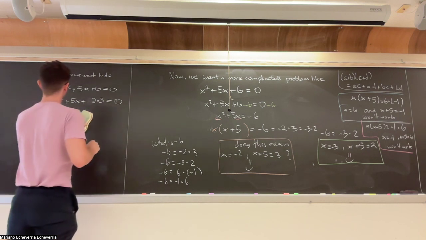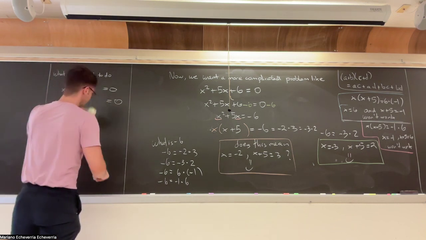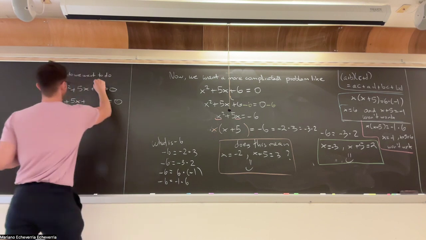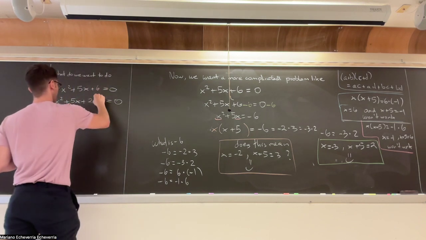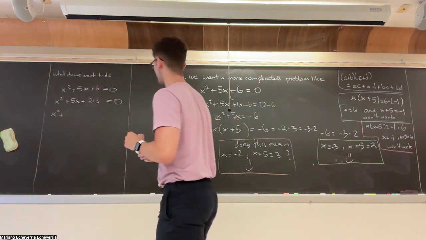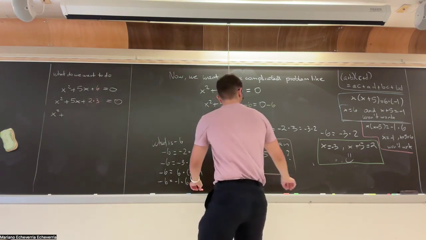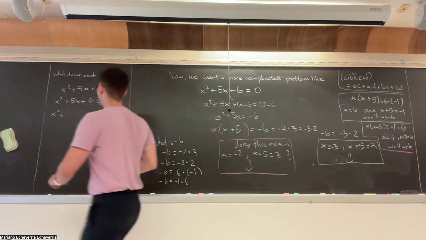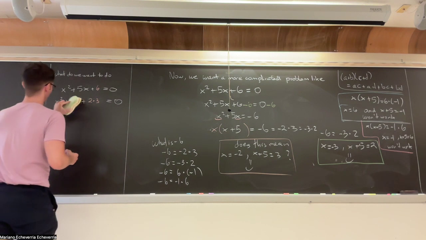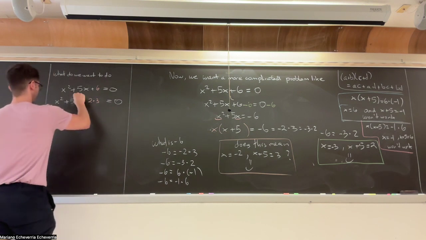Let me put some colors in here. The first step that I'm doing is writing 6 as 2 times 3. And then I'll write 5x as 2x plus 3x.